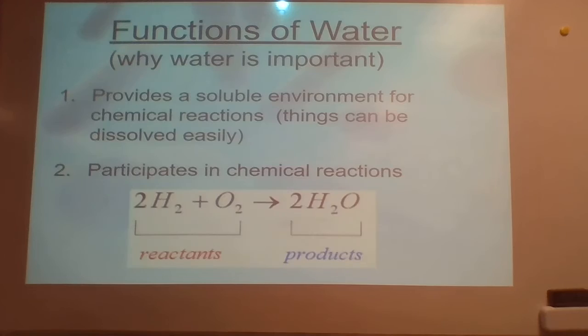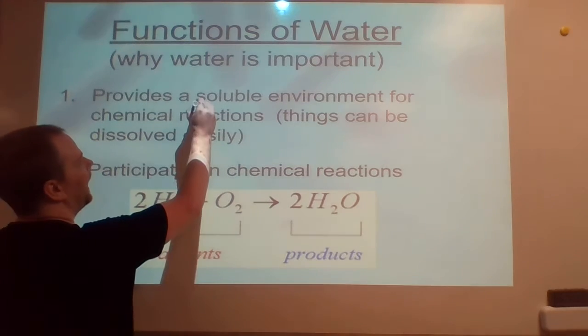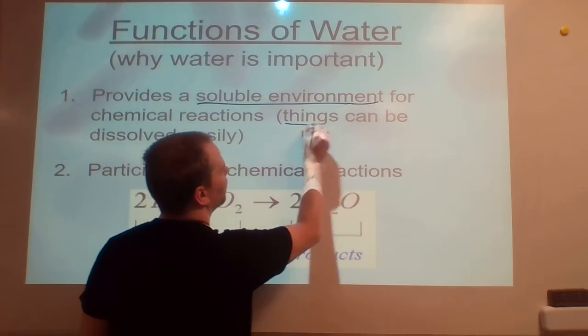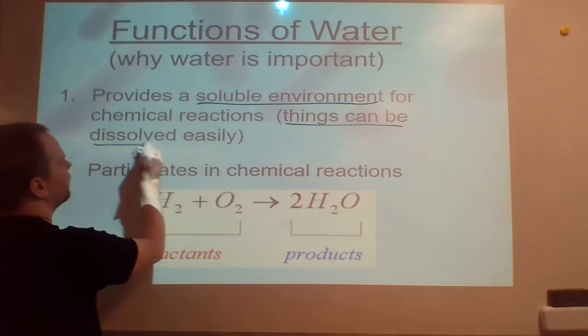Okay, there are a few things that make water unique. 6, in fact. So, water provides a soluble environment to allow chemical reactions to take place more easily. A soluble environment is an environment in which things can be dissolved more easily. I would suggest that you highlight this, all of it, after you write it down.